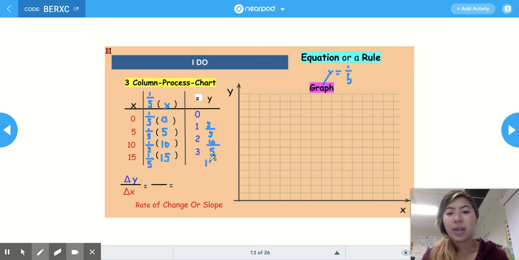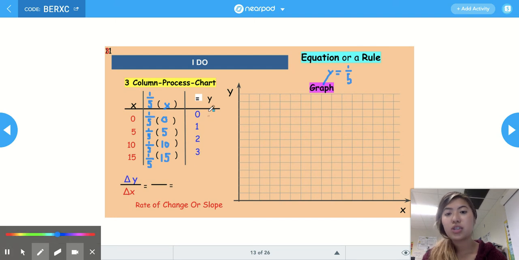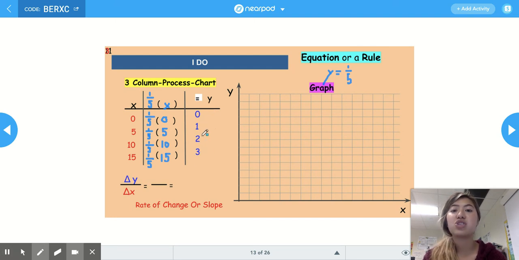When we multiply that out, we get 15 over 5. 15 over 5 can be simplified to 3. So now we have to figure out the change in y values. So from 2 to 3, that was positive 1. So our change in y is 1. From 10 to 15, the change was plus 5, positive 5. So our rate of change, our slope, or our constant of proportionality, our unit rate is 1/5.